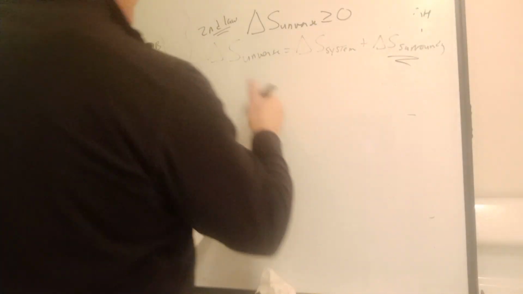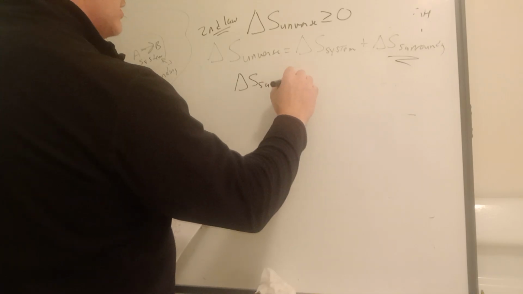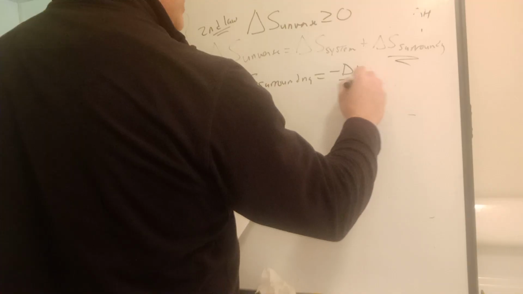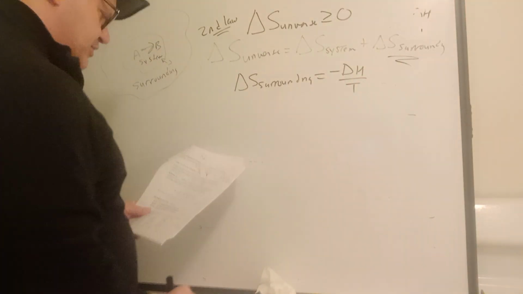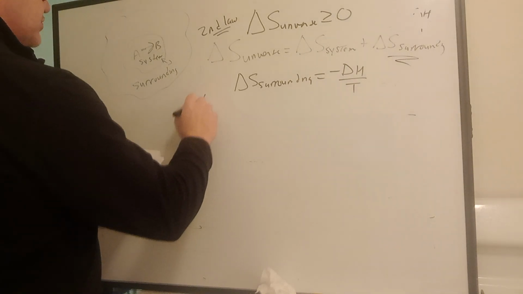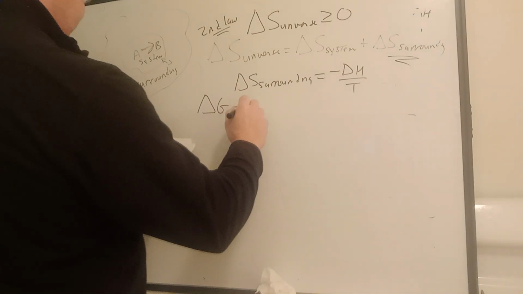Let me make sure you can see that. So I'll say already we have delta S for surroundings equal to negative delta H over T for a reversible process. We can define a variable, a state function, we'll call it G, and talk about delta G. I'll write it as a definition.